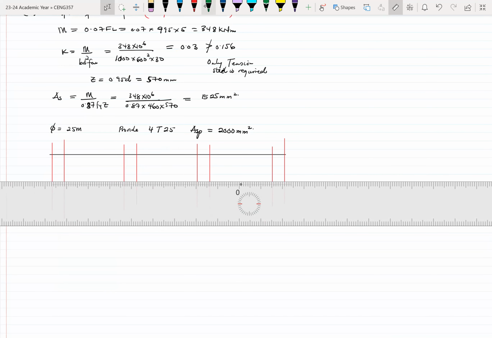So in here, I have my rebar in here. Let me just draw them to show what we have. All right. To make things easier, normally on site, this is what we do.